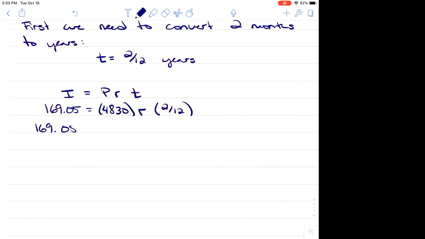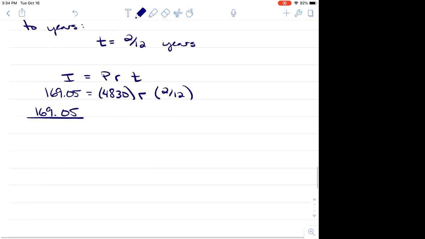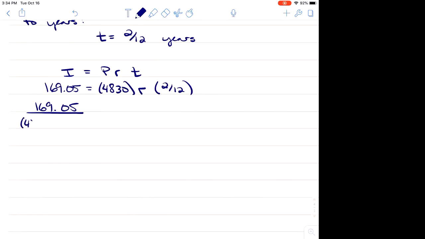169.05. Mix it up a bit. Divided by 4,830 times 2 over 12 is R. Simplify the numerator and denominator individually, right? So the numerator is okay, but the denominator will do 4,830 times 2 divided by 12.